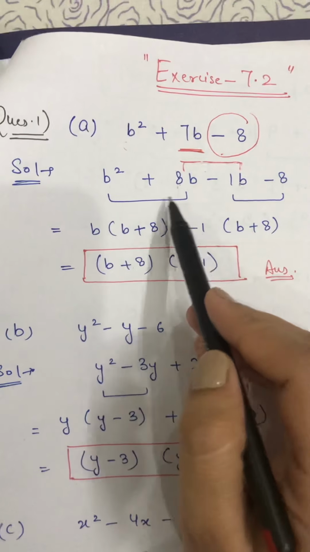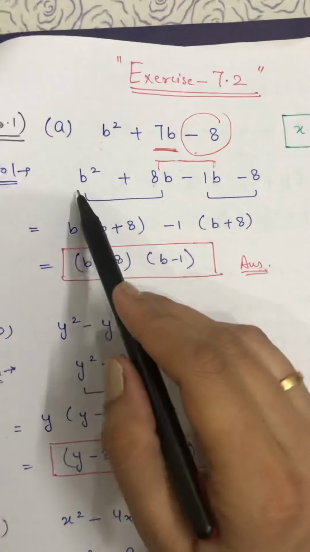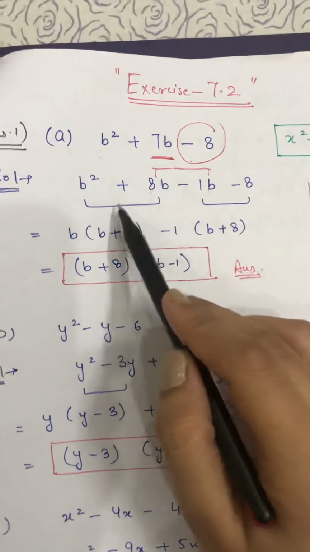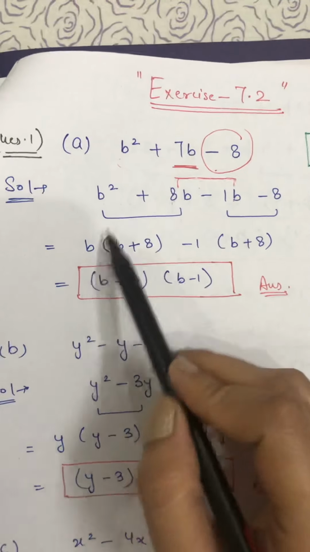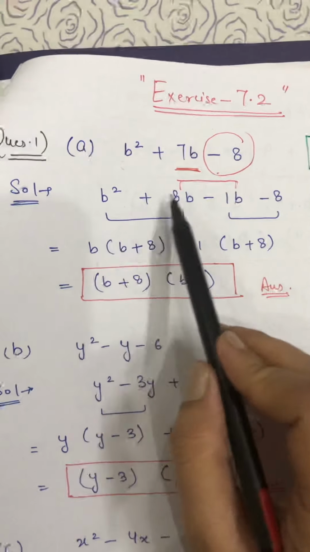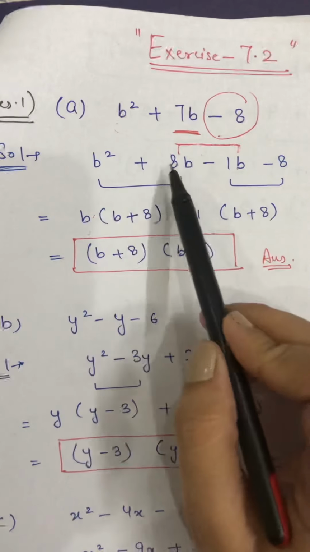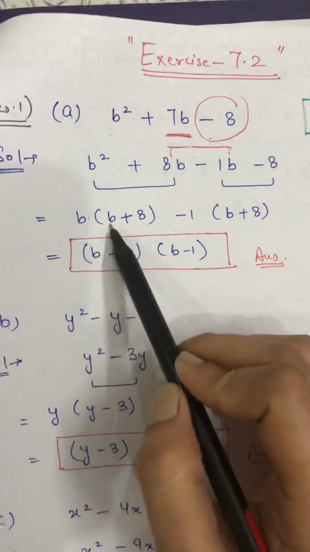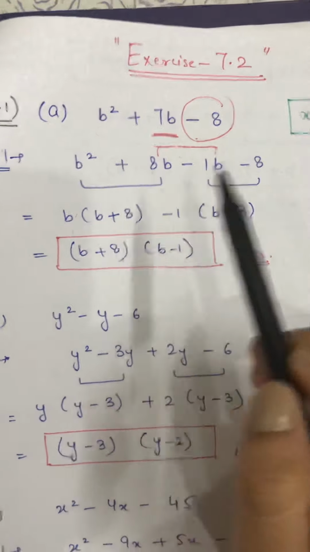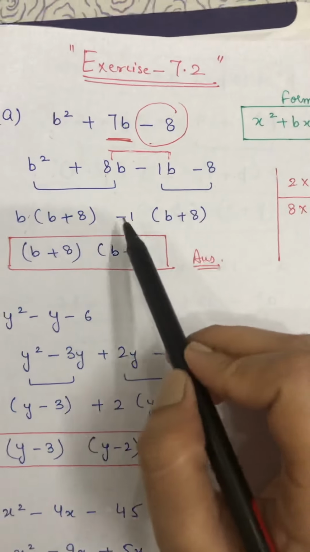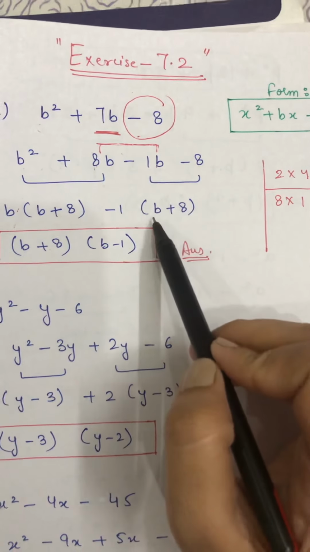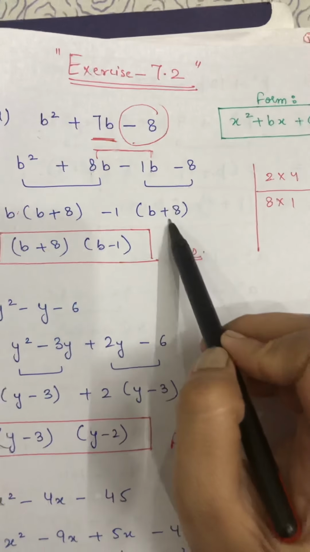You have to make pairs: this is the first pair and this is the second pair. Make two pairs and take something common from them. What is common? b is common. And what is left in the bracket? b is left plus 8 is left. Bracket close. Now I'll take minus 1 common. So what is left? b is left plus 8 is left.